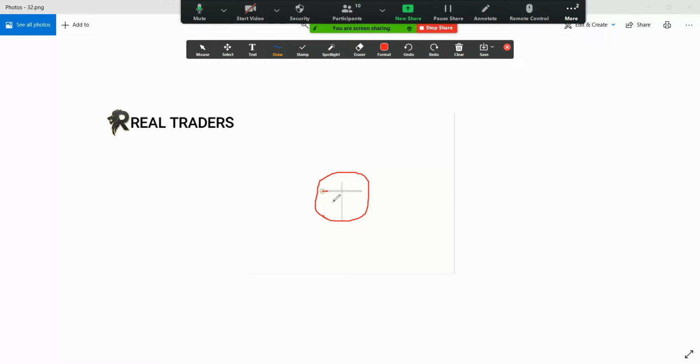You can see this candle opens here, the buyers try to push a little bit higher, the sellers push the market to go down, again the buyers try, and you can see the opening price and the closing price of this candle is the same. So the buyers and sellers are in equal power.